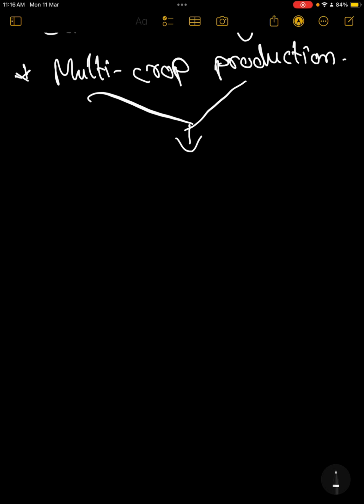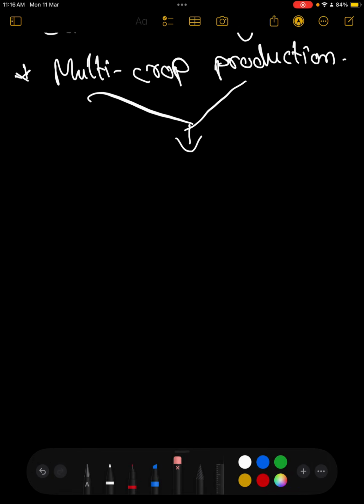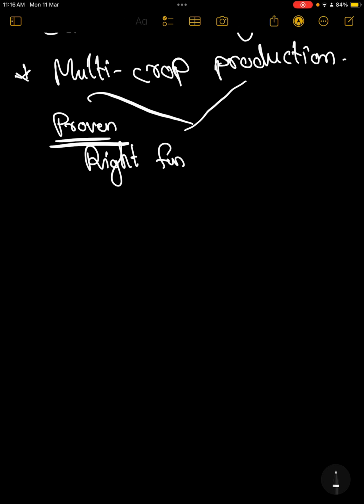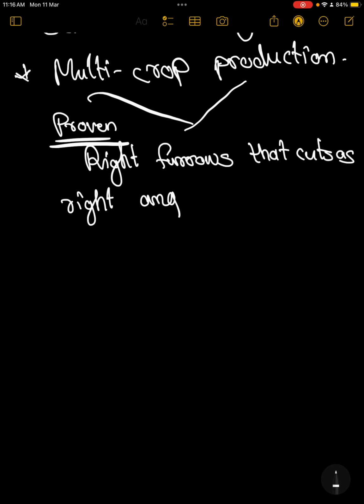So that's what I can explain, nothing beyond that, because it's very complicated. I'm not a great farmer. It was proven through furrows that cut at right angles to each other. That means it suggested that two crops were cultivated at a time.